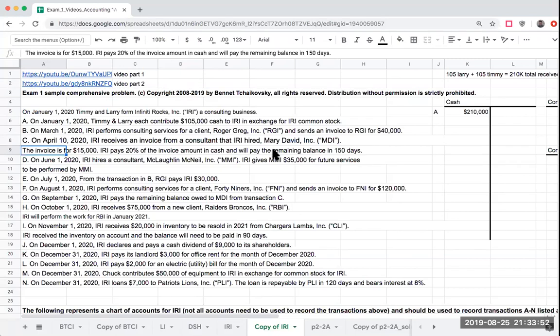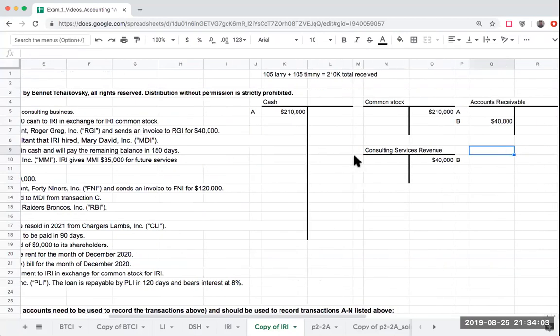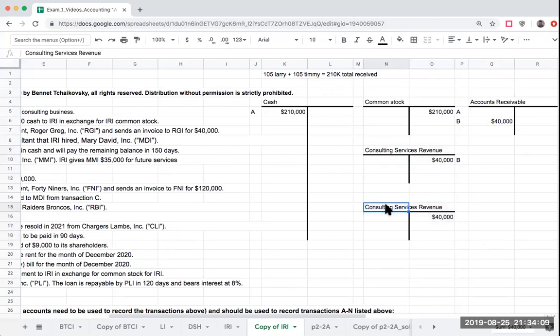I'm going to pay the remaining amount in 150 days. So what did I receive the benefit of? You receive services. So what should I be recording here? Consulting services expense.